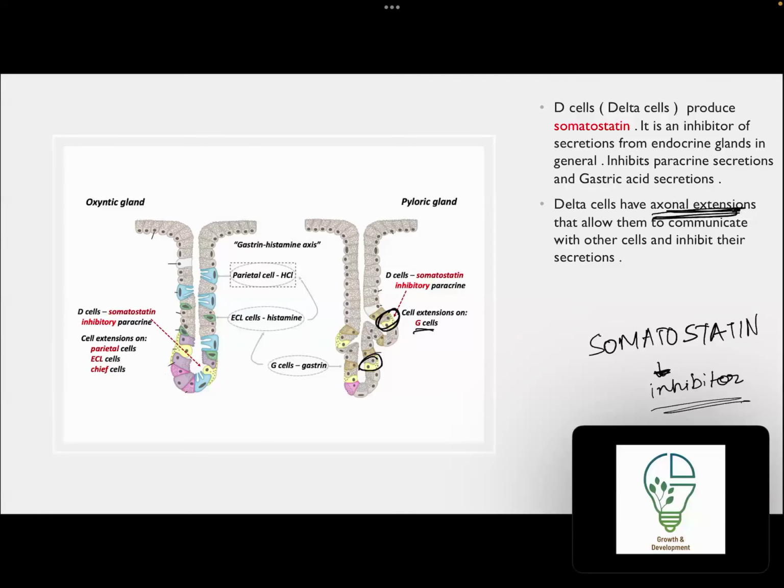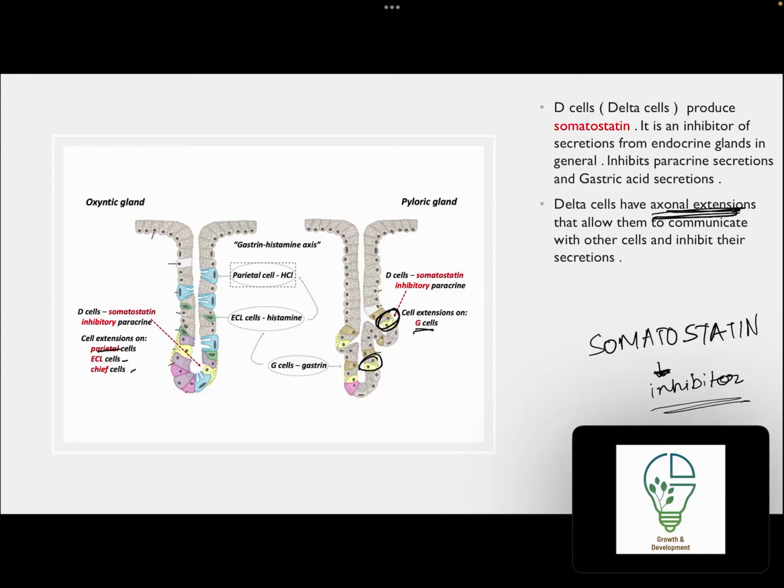Remember, somatostatin always inhibits. The cell extensions that the delta cells have in the oxyntic glands are on the parietal cells, ECL cells, and chief cells. So parietal cells means they can inhibit HCl. ECL means they can inhibit histamine.